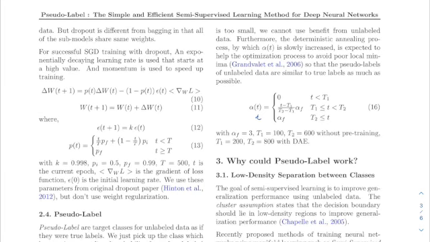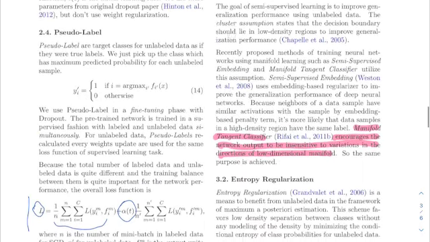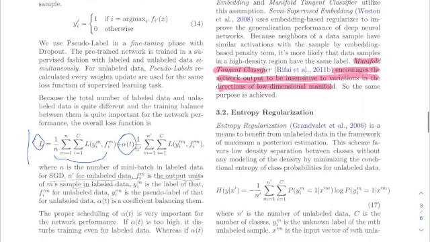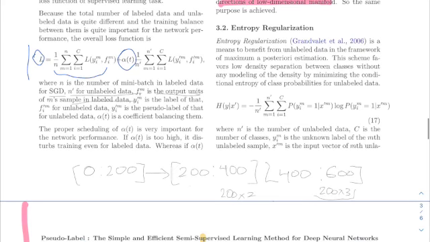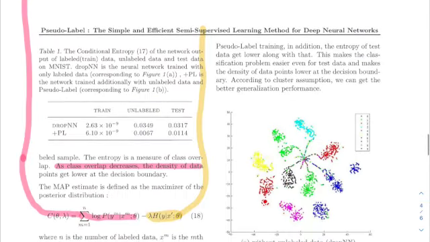So this changes depending on how many times you're training the model with what kind of data, labeled or unlabeled. And so then he uses entropy regularization. So this is a DNN, a deep neural network. And then he is saying this is how entropy regularization would work, which we already know.